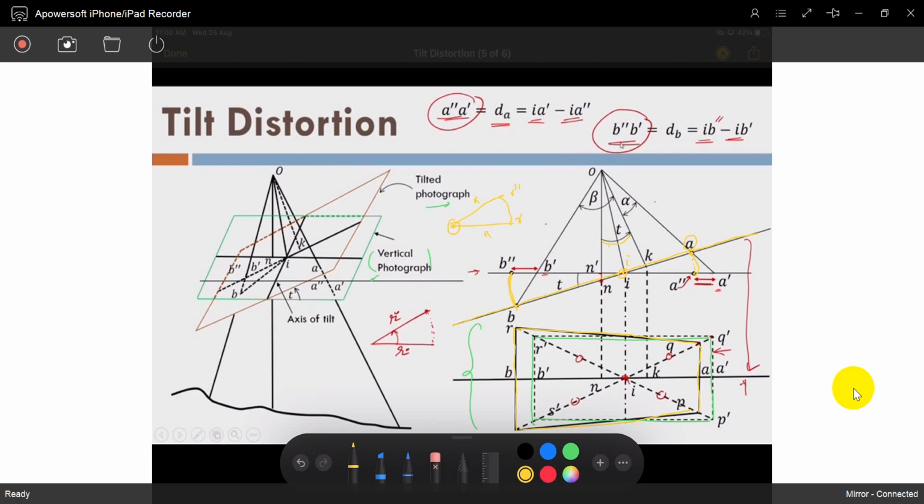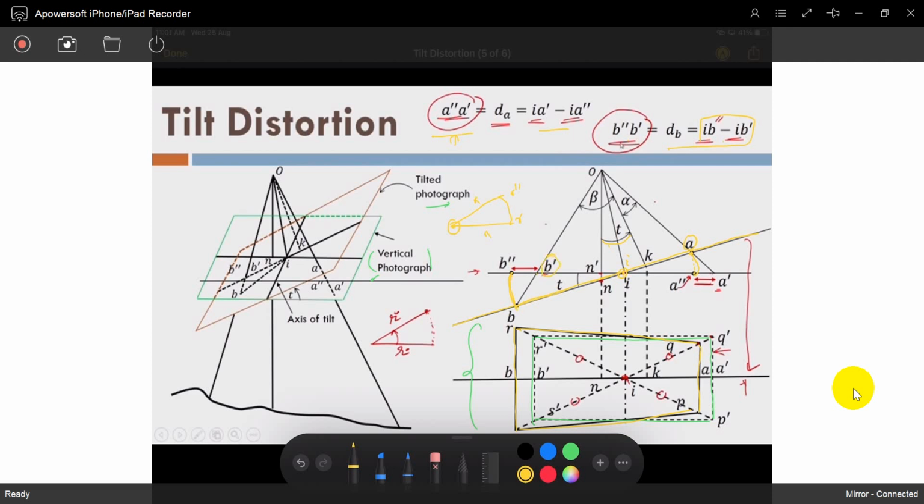So what is the isocentric distance? See, now it is C. This is the isocentric B dash B. That is the distortion: IB dash minus IB, so IB minus IB dash. In a vertical photograph, the image will come like B dash.